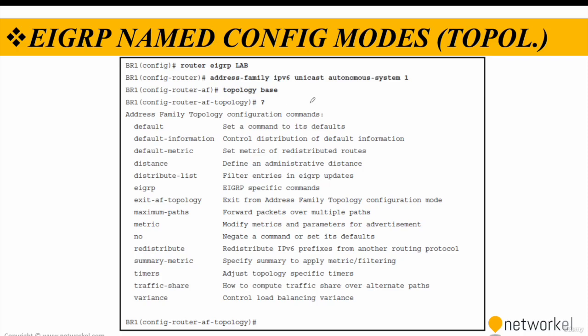It specifies which topology table EIGRP should use for route calculations. This command is important to determine how EIGRP will maintain and use its routing information to make a routing decision.